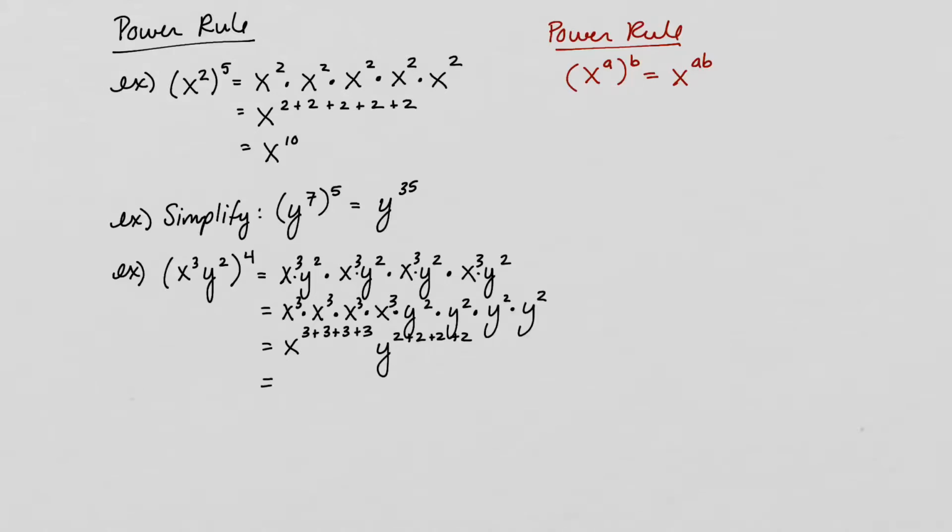And now this becomes x to the 12th, y to the 8th. And if you notice, I could have actually just done 4 times 3 and 4 times 2. So as long as everything inside the parentheses is all multiplied together, you can distribute the exponent.